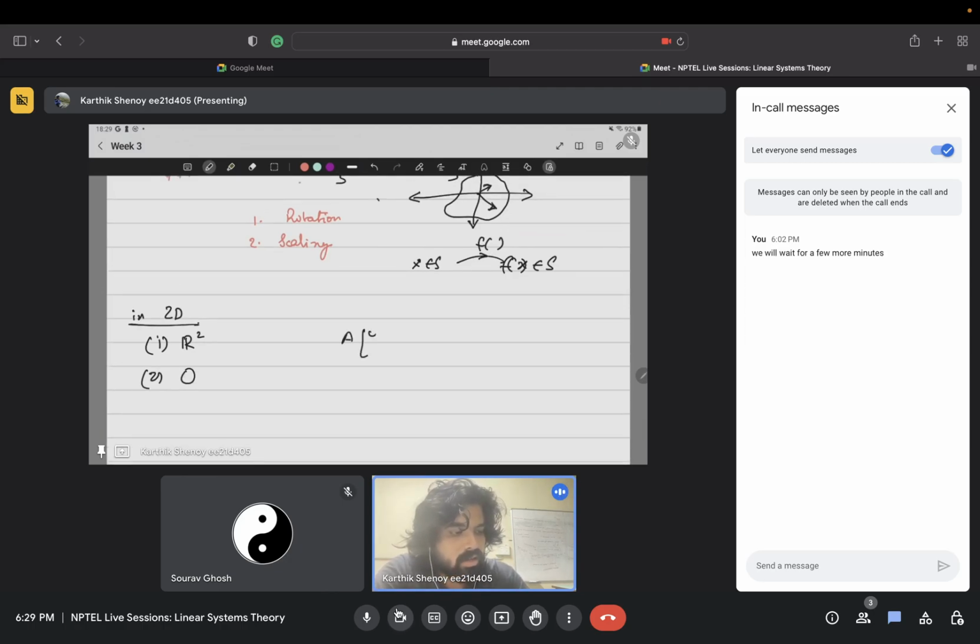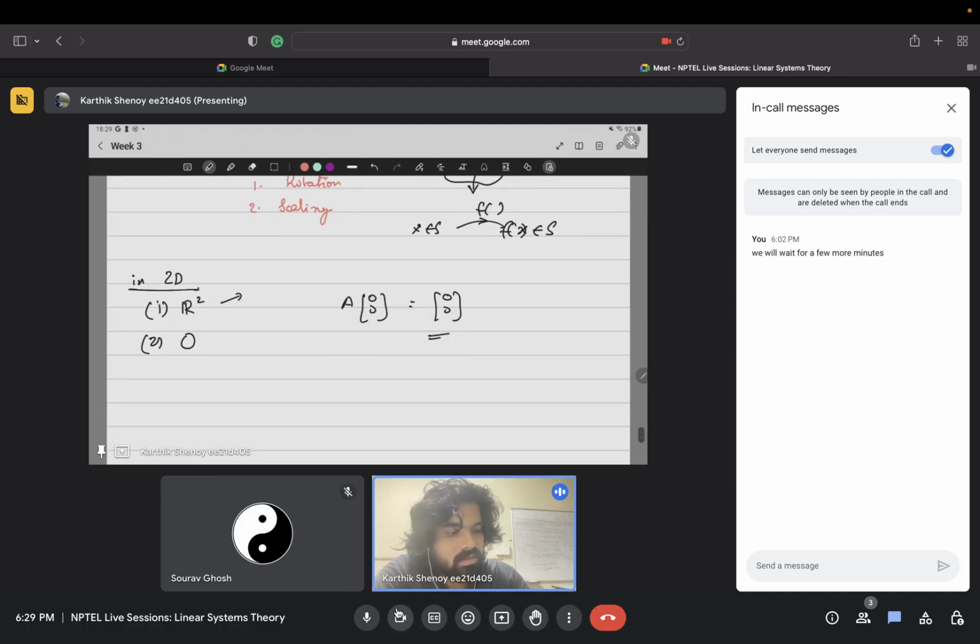Any vector you take, you multiply, you get 0. So it's trivial. And in the first case, if you take any x, you will get x which again belongs to R2, so it's invariant. And the third case is the eigenvectors, or the span of the eigenvectors, which is my eigenspace.